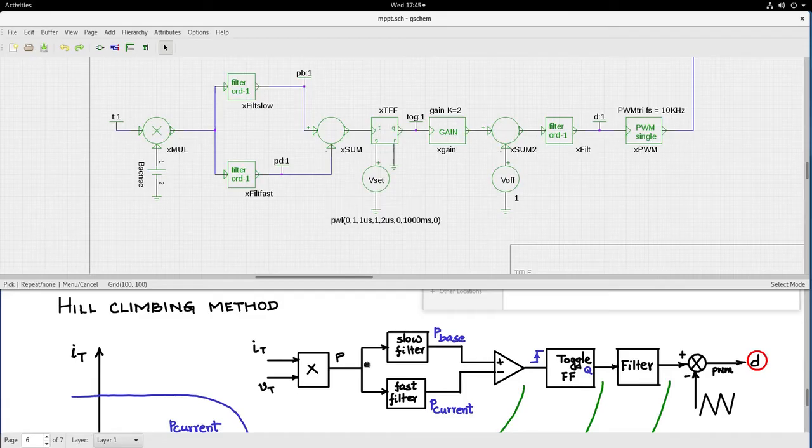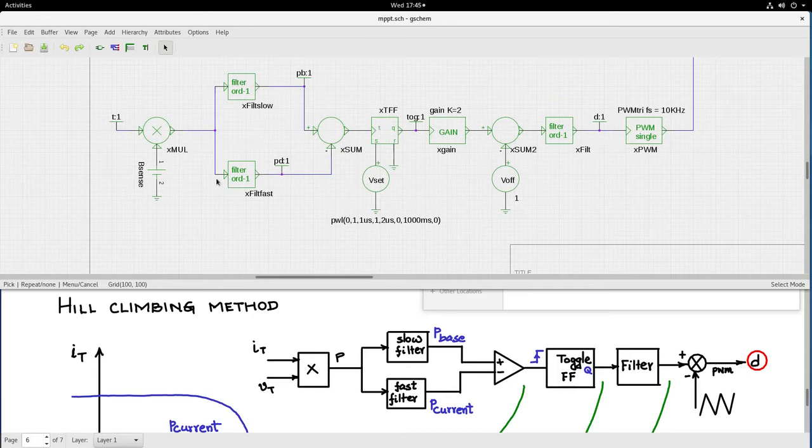Now the power is passed through two filters. One is called the slow filter and another is called the fast filter, to obtain P base and P current. Here also I am going to pass it through two first order filters. Power is passed through a first order filter. I will call that one the slow filter, and you will get PB to represent P base.